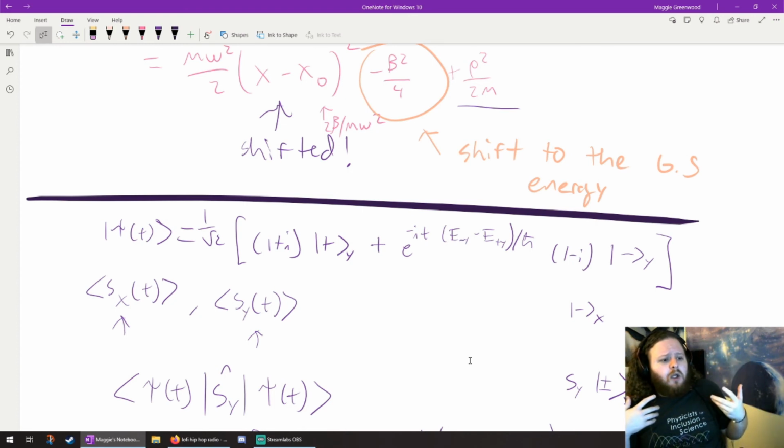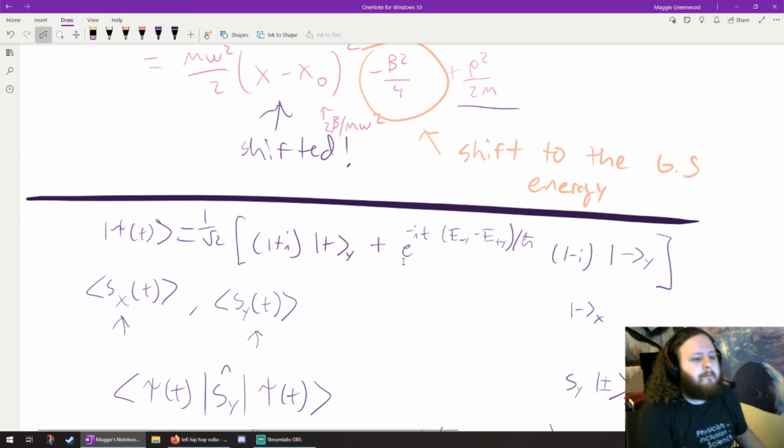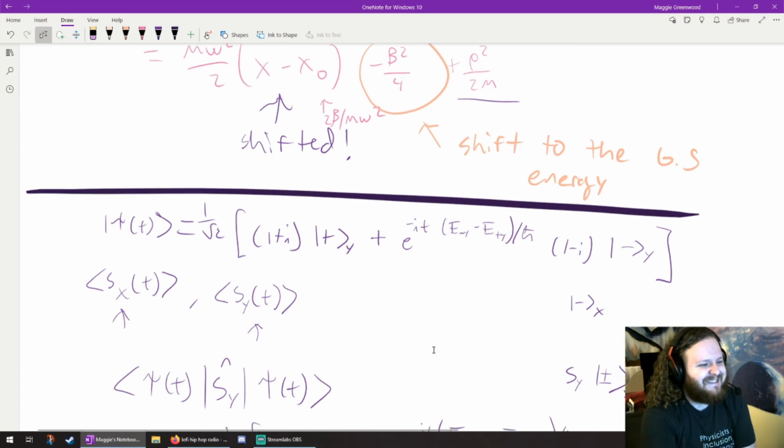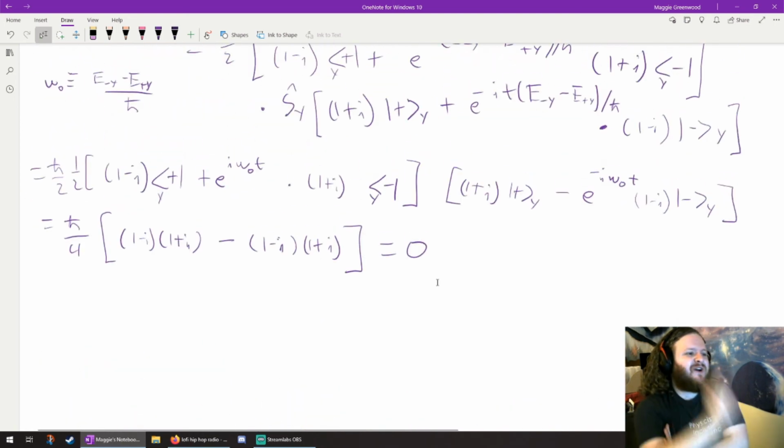But because the states that we are given, their magnitudes for those coefficients are the same, and because of the operator that we're looking at, why is this stationary? Why do I get 0 from this? Why is my expectation value of SY 0?